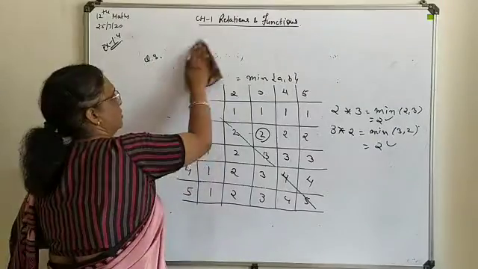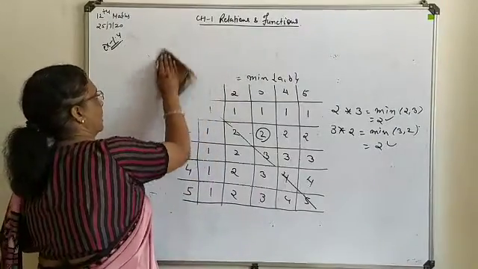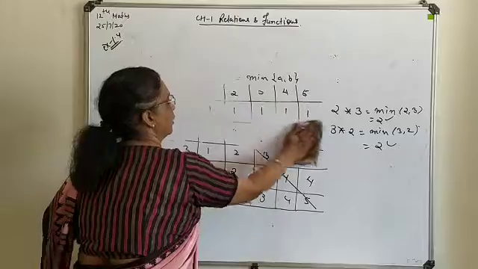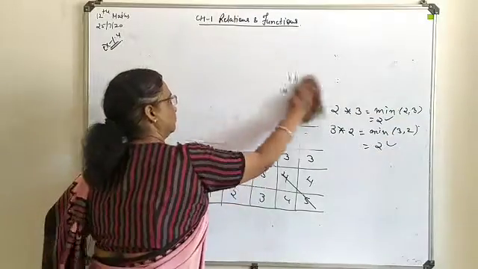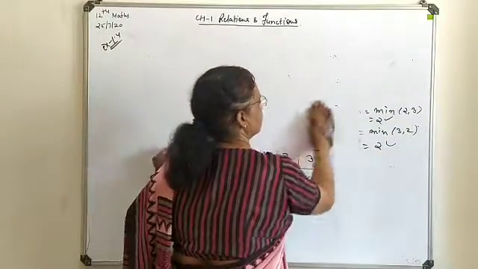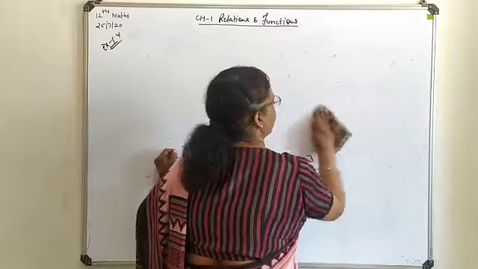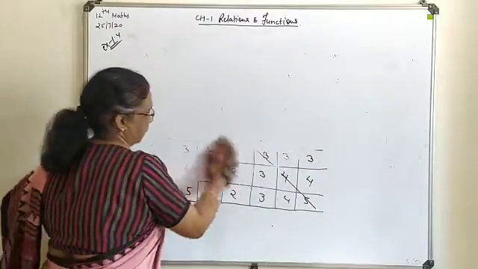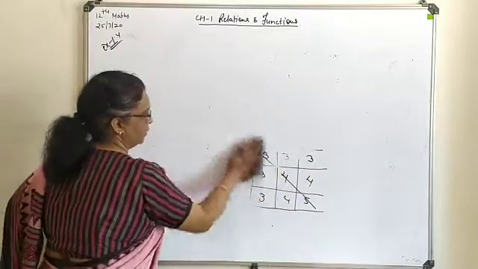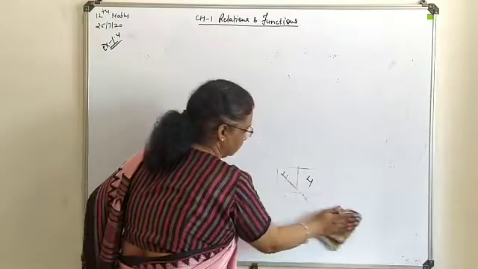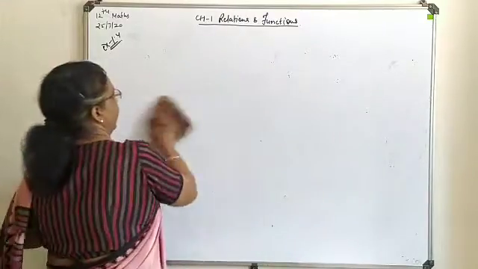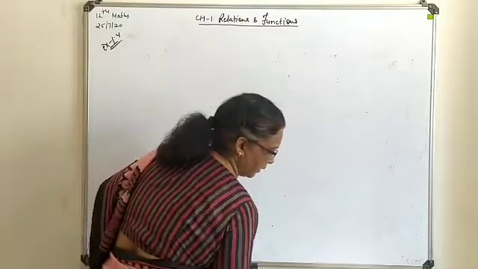In your exercise it is not available, but such types of questions are normally asked in part B. So for that purpose we are going to pick up one question and find its identity element and inverse element.